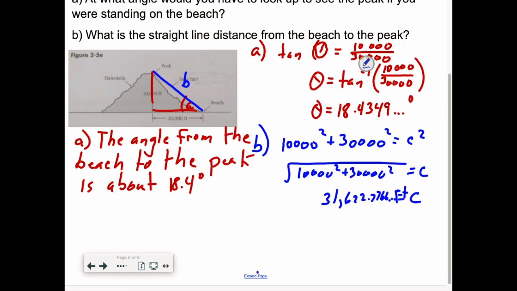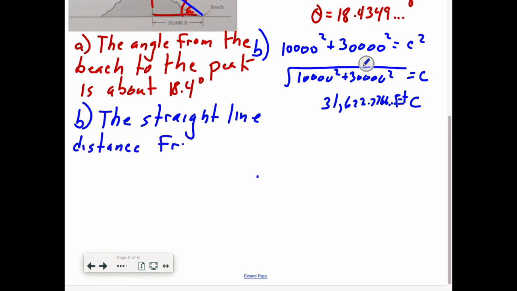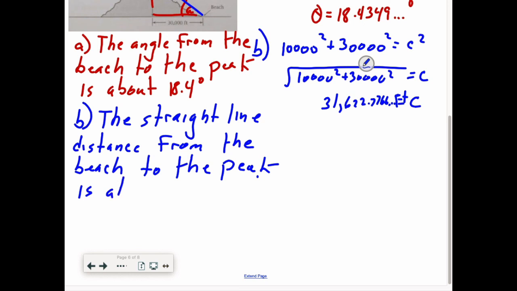I can also then say, for the second one, the straight line distance from the beach to the peak is about 31,622.8 feet.